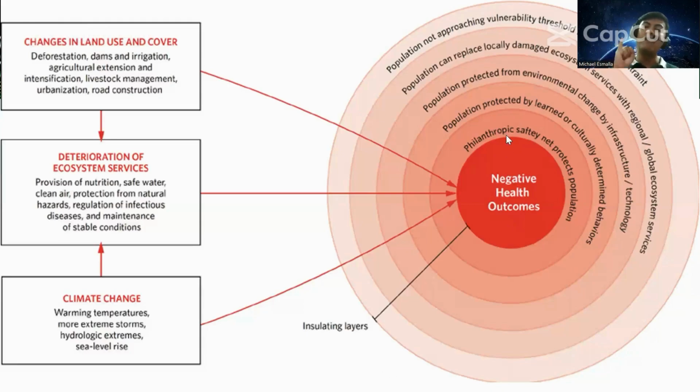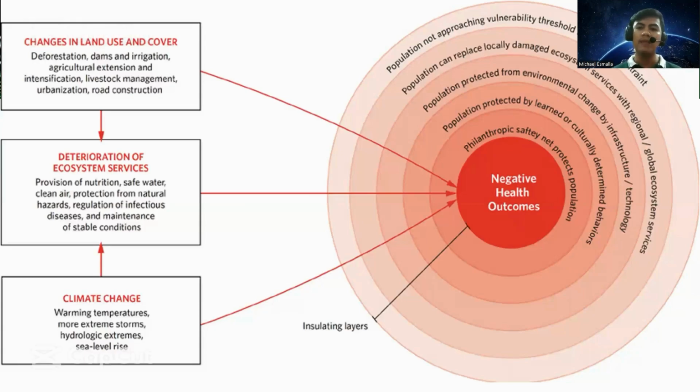So again, philanthropic safety net: those are the different organizations that donate or conduct activities that help us buffer negative health outcomes. Population protected by learned or cultural behaviors: those are the behaviors we learn in combating diseases, like washing of hands and disinfecting water. Next are the different technologies in fighting pathogens, viruses, and different vector causative agents.